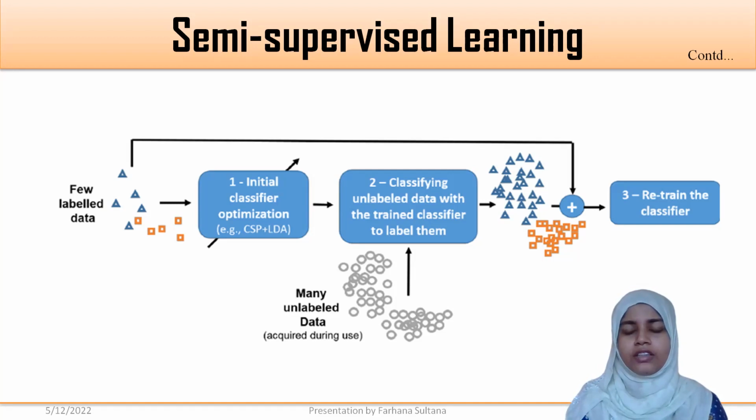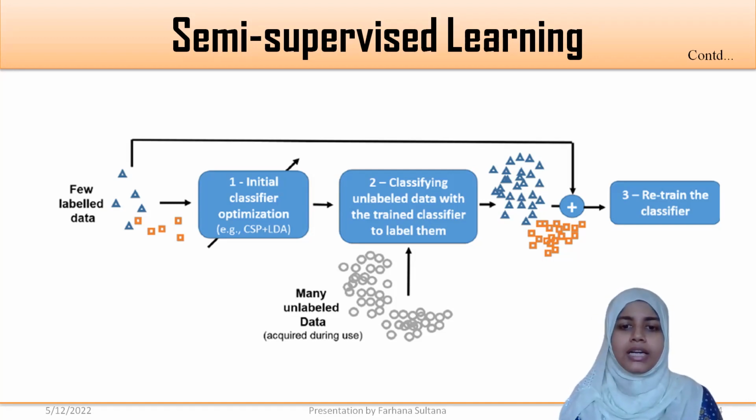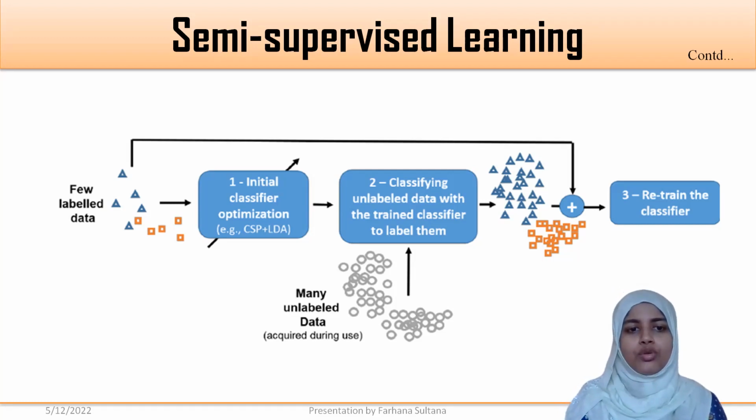That classification or prediction is considered as the label of the unlabeled data. Next time, those previously labeled data and the newly labeled data are both given to the machine so that it can learn again from that data. That is called retraining the classifier or retraining the machine learning algorithm.